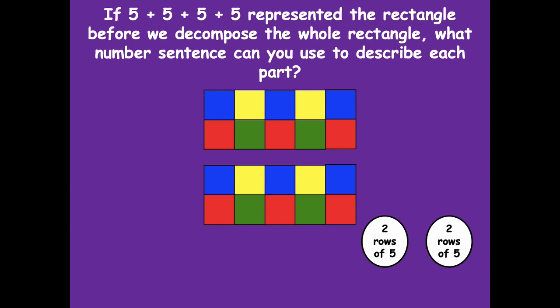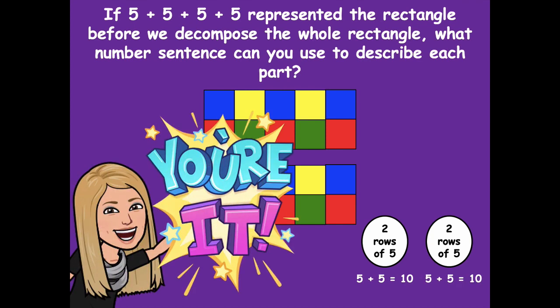What would that be? Yeah, it's going to be 5 plus 5 equals 10. And then our other part is going to be what? The same, right? Because they're 2 equal parts. So 5 plus 5 equals 10 again. All right, so pause and write that underneath your number bond, and then click play when you're ready for the next step.